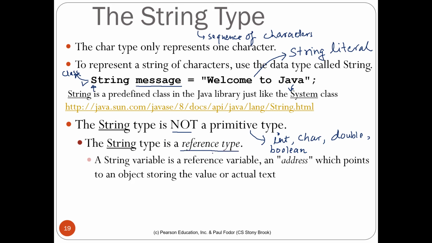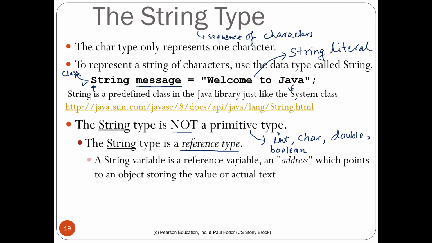All right, so what is unique about a reference data type? When you declare message as of type string, and string is a reference type, then in the message variable you will hold the address of the string. You will not store the original value.